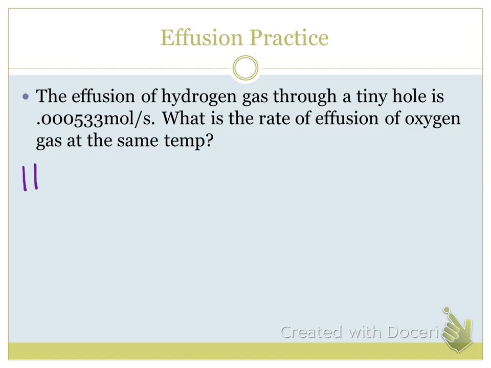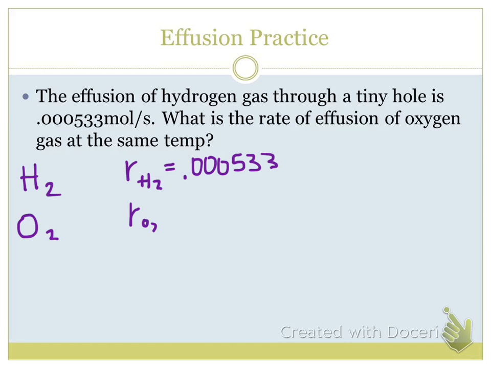So we have hydrogen gas, which is H2, and that means oxygen gas is also O2. So it says the R value for H2 is 0.000533, and the R value for O2, we don't know. That's what we're solving for.